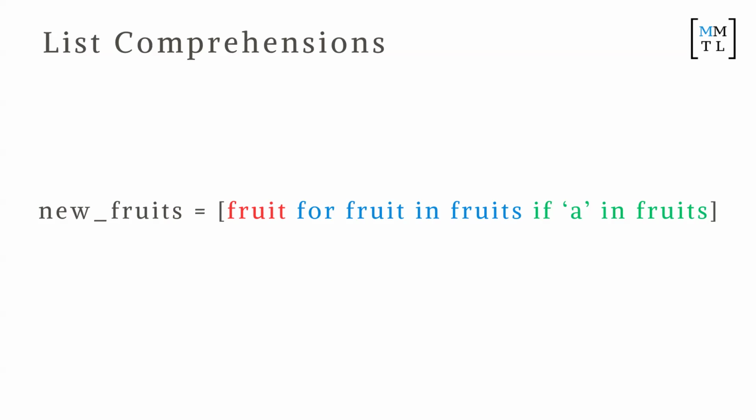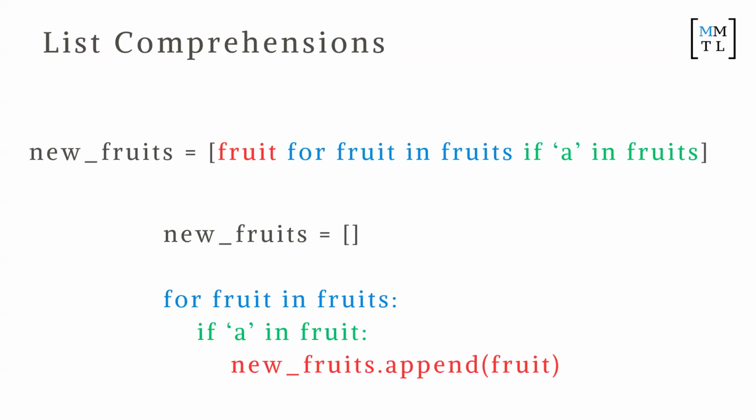Because you might see this out in the wild. And so how it works is we basically have broken this down into different components here. I've just color coded it for simplicity. We have new fruits equals, and then we have the list here. And then what comes inside that is we want to append this first, for fruit in fruits if A in fruit. Does that make sense?